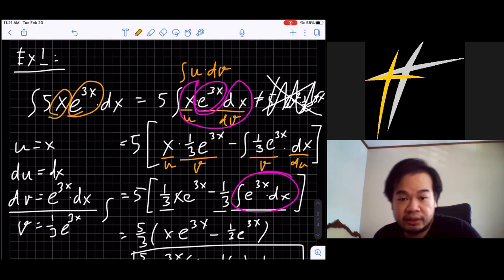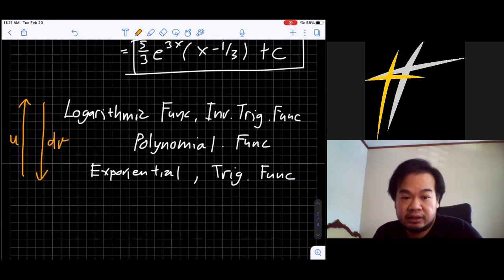So the first one is polynomial, the second one is exponential. That's why I choose x as the u and e power of 3x as the dv, because polynomial function is located higher than exponential function. So that's how you determine it. Okay, I hope you understand.